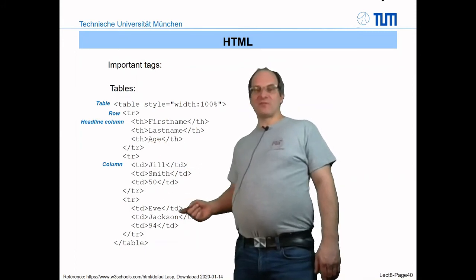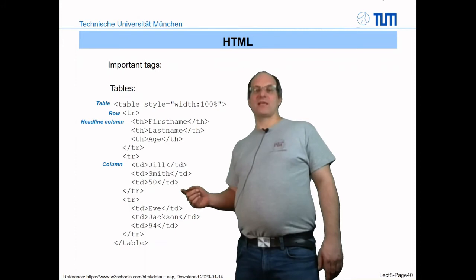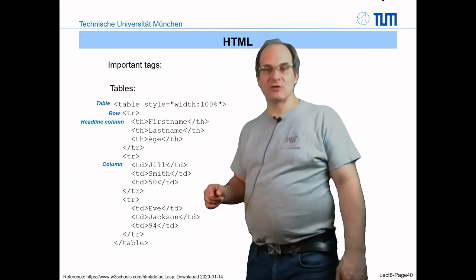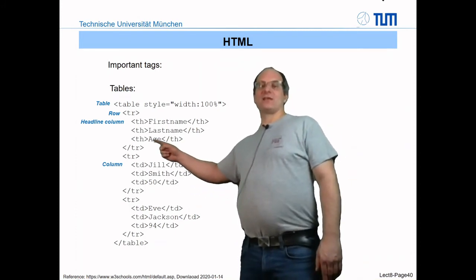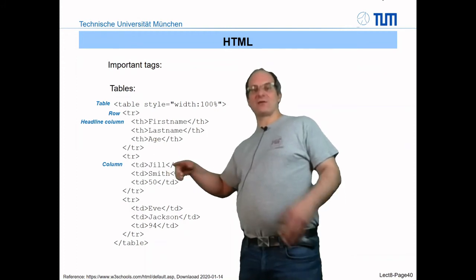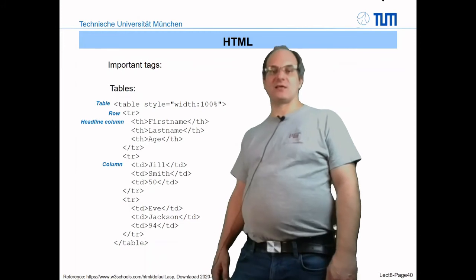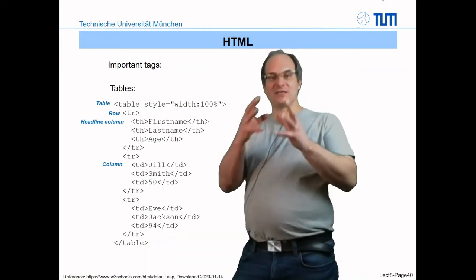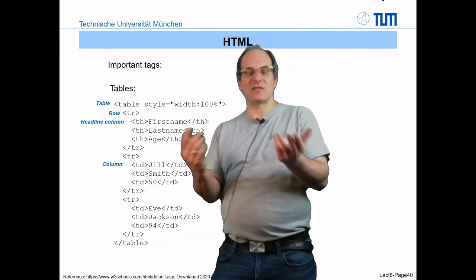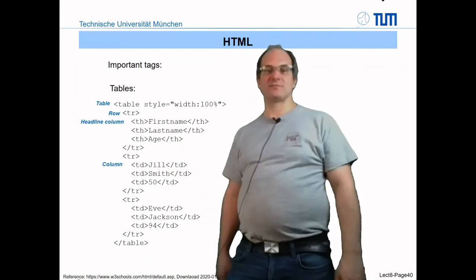If you have empty information, you can use this &nbsp; so that if no information is here, so empty element, then you can use this &nbsp; as an entry, which is not represented, it's something like a white space or backspace.